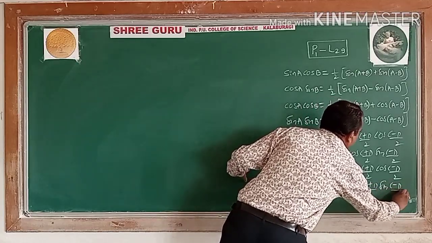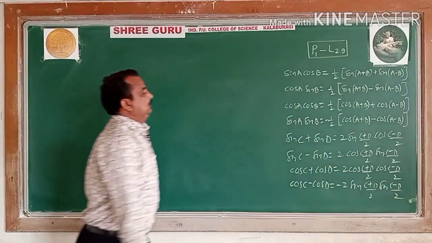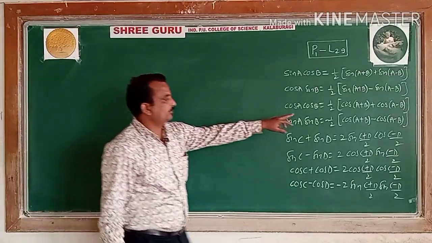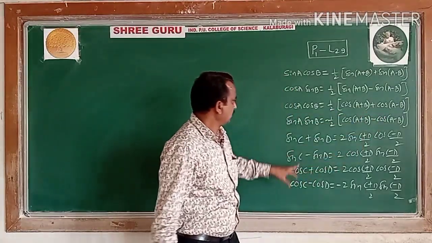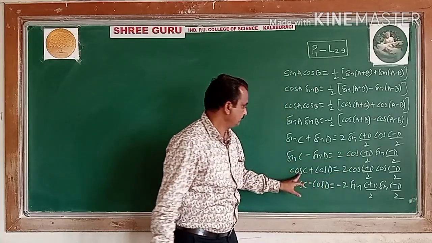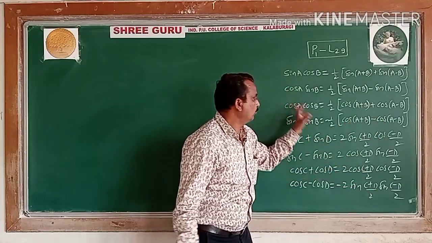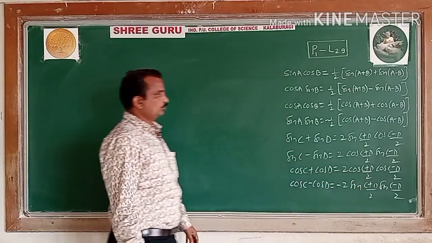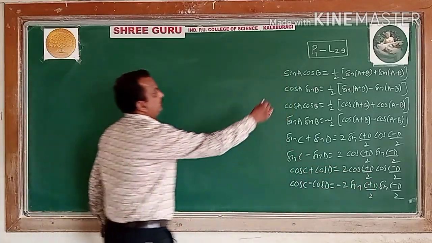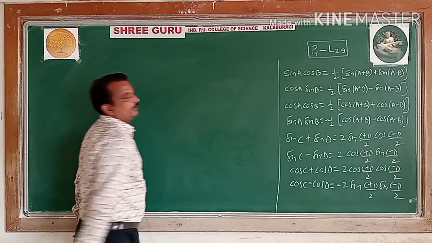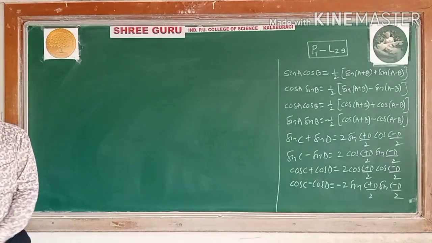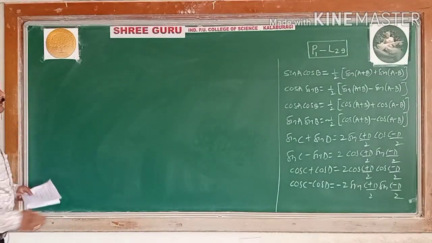This is only the formula here. See both sin with negative sign, both cos. So these are the important formulas here. Sum and difference formula. Let us go for the next examples.